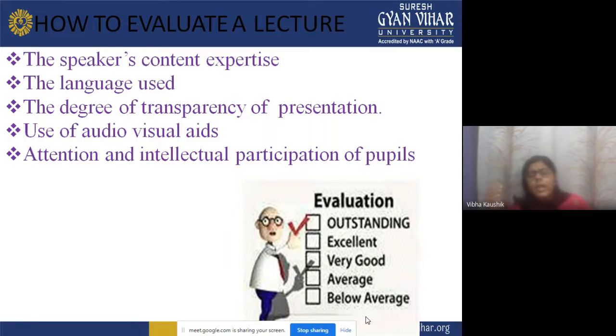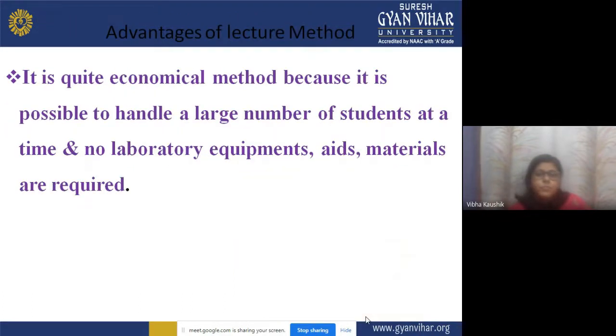In the lecture method, there is very little participation of students in the teaching learning process. Now, attention: how you will be able to get the attention of the students, and intellectual participation of people: how will you be able to increase the intellectual participation of people in the teaching learning process.